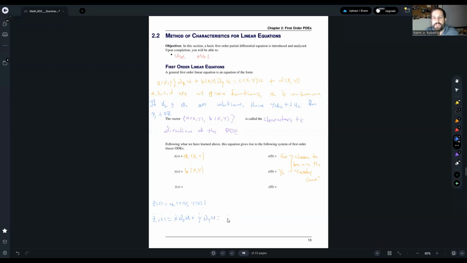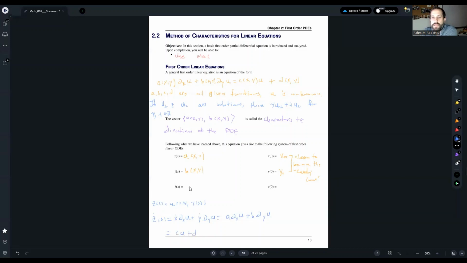Well, x dot is just a, y dot is b, and by the PDE, this is just going to be c u plus d.